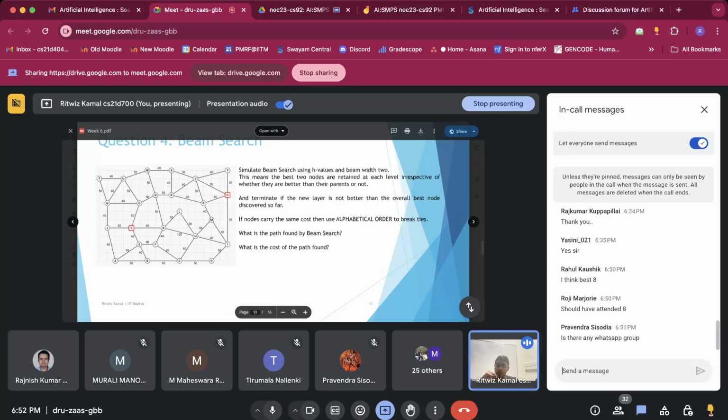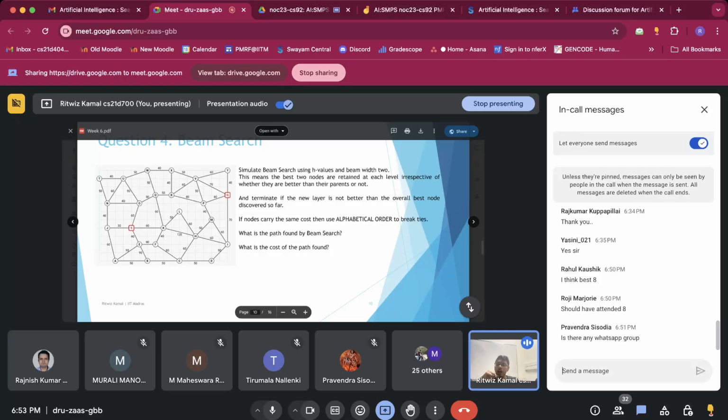So instead of having all the four nodes after S, which are E, J, K and O, you would only have the two best looking nodes, because here we are asked to follow a beam width of 2. If the beam width had been 3, you would have explored the 3 best looking nodes. If it had been 4, we would have explored the 4 best looking nodes.